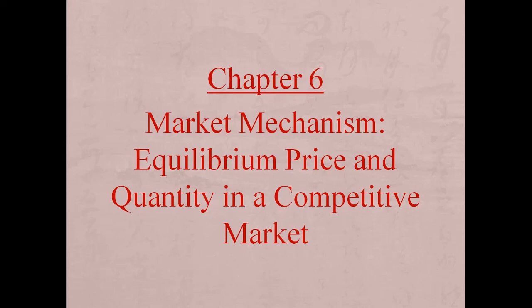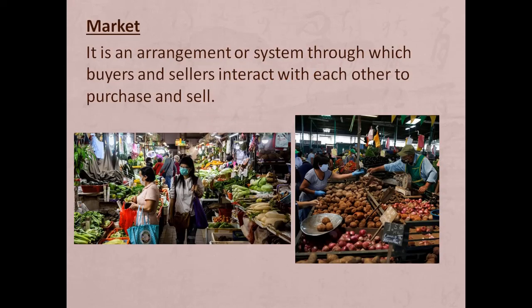Okay, so let us start our discussion with the first topic, that is market. So what is market? By market, we mean an arrangement or system through which buyers and sellers interact with each other to purchase and sell different types of goods and services. Market is normally any form of haat bazaar, or you can say Kalimpong bazaar, or if you come to Siliguri, you can find various types of markets.